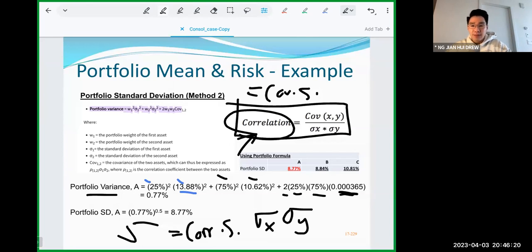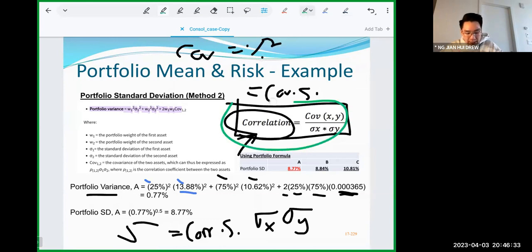It is a percentage square. So what we do when we use this formula here is that we want to remove the percentage square. That's why we divide it by percentage times percentage, because standard deviation is a percentage.